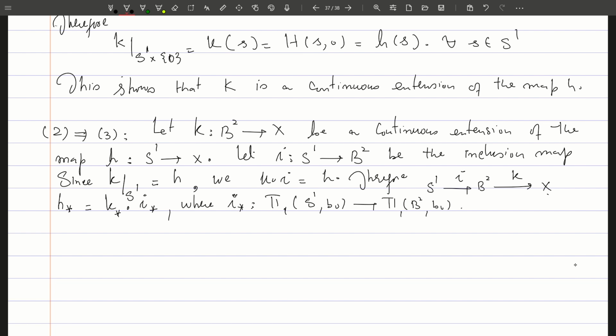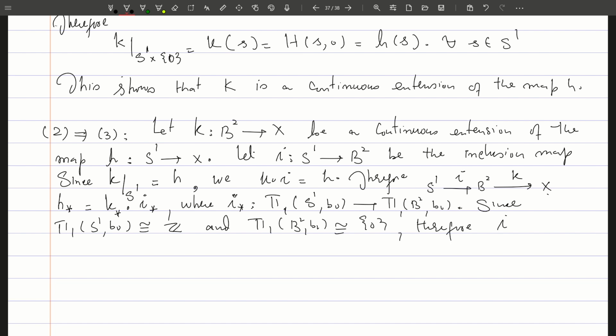So since the fundamental group of S1 based at B naught is isomorphic to Z, and the fundamental group of B2 based at B naught is isomorphic to the trivial group, we know that this I star is the zero homomorphism.